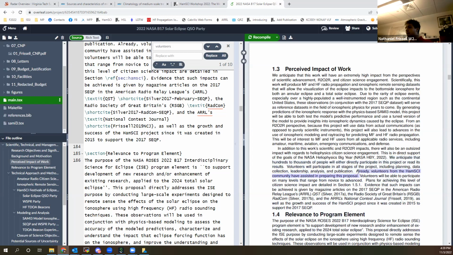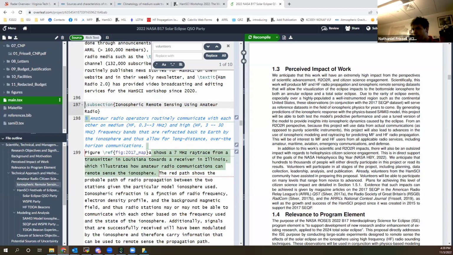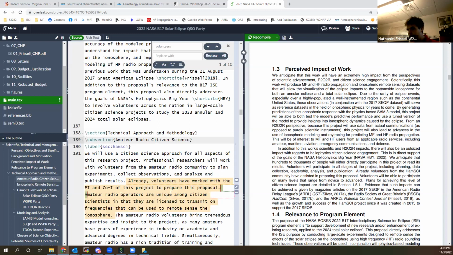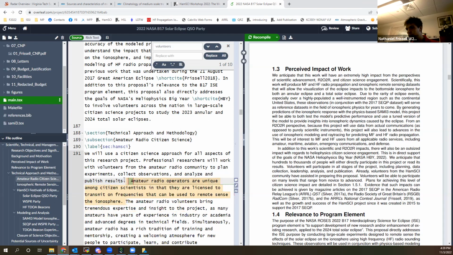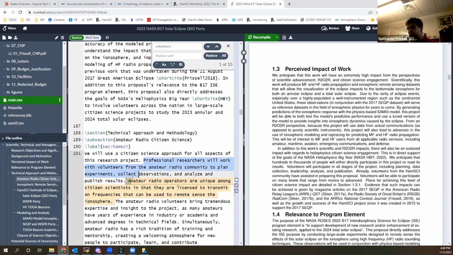So I'm trying to give some evidence that volunteers are actually going to do this. I think it fits well here, and maybe we can get rid of it from the later part, which is this one. I basically repeat the same sentence over here too.